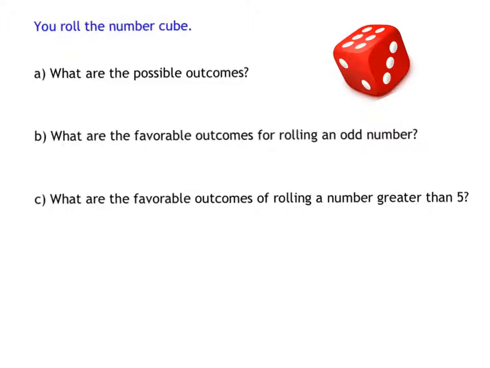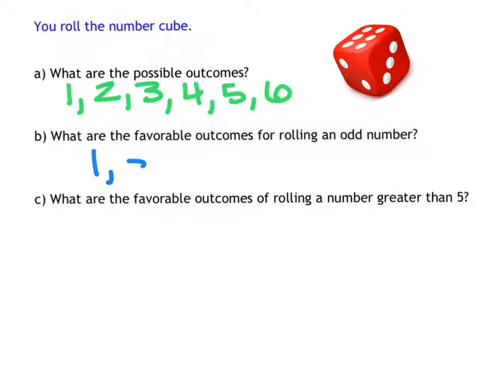All right, so first it asks you, what are the possible outcomes? Well, when I roll the dice, I could get a 1, a 2, a 3, a 4, a 5, or a 6. Those are all the possible outcomes I could get. The second question says, what are the favorable outcomes for rolling an odd number? You have to think, what are the odd numbers I could get? Well, I could get a 1, a 3, or a 5.